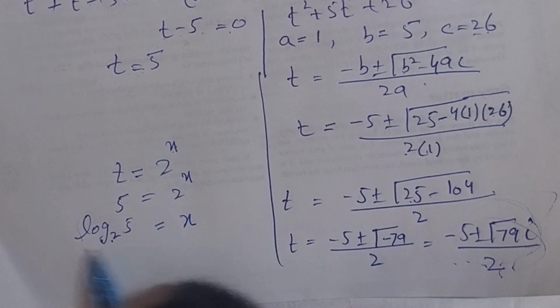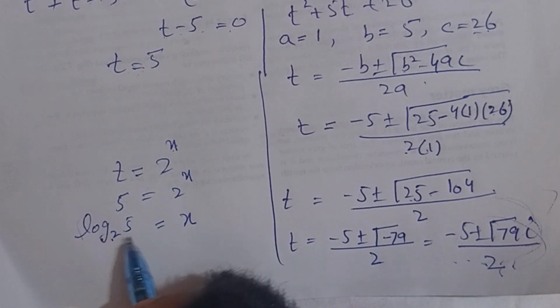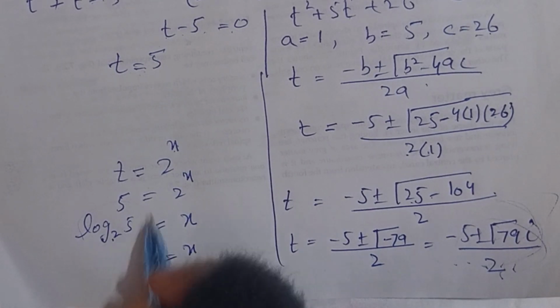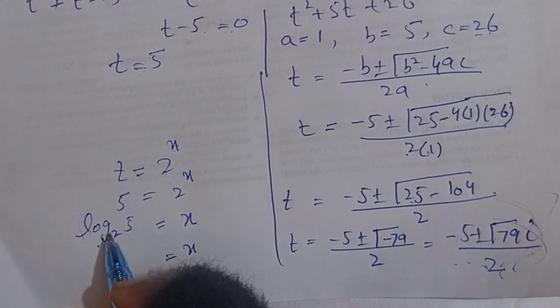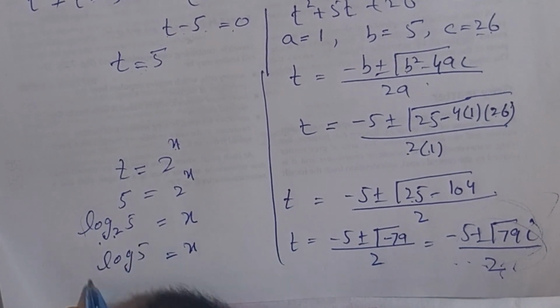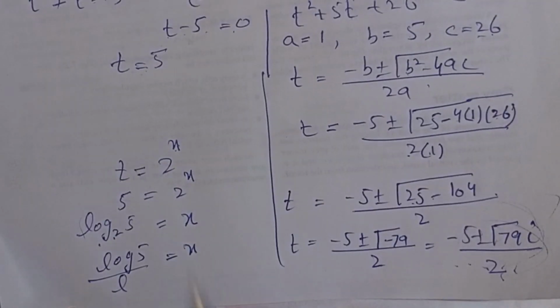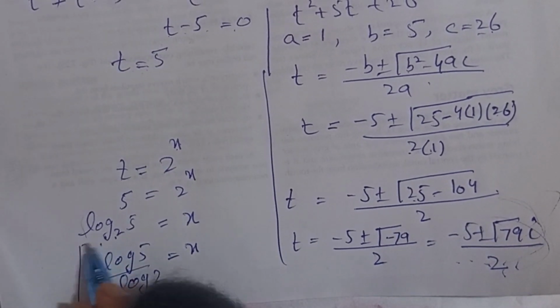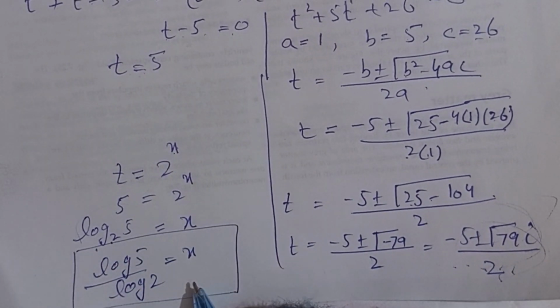Now on the left hand side, we use the log property, which is change of base, and we can write using this property x as log 5 over log 2. So this is the value of x in our question, and we have done.